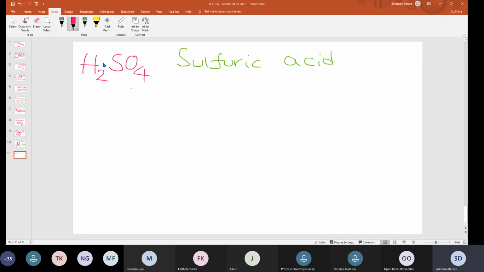It is also very strongly acidic. The reason why it is a diacid, the reason why it is a strong acid, is because of its structure. If you don't know how to draw the Lewis structure of sulfuric acid, you cannot tell whether it is an acid in the first place, whether it is a diacid or not. So drawing the Lewis structure is very, very important.